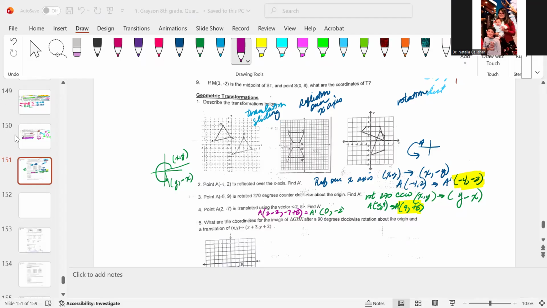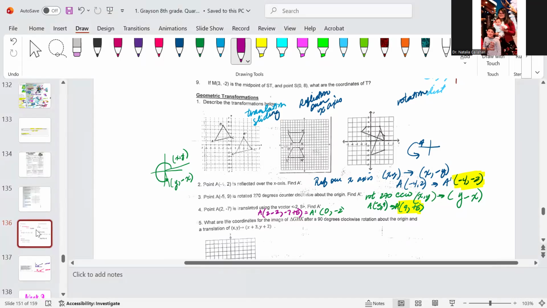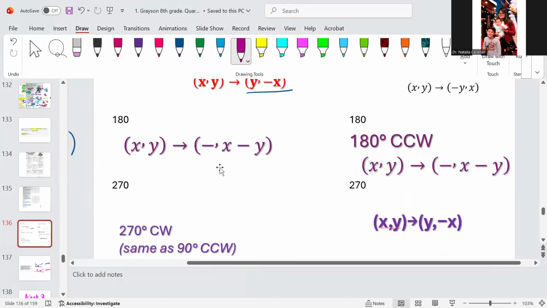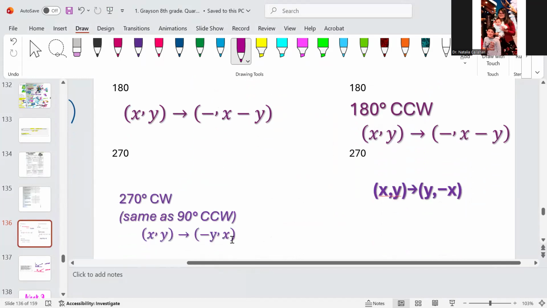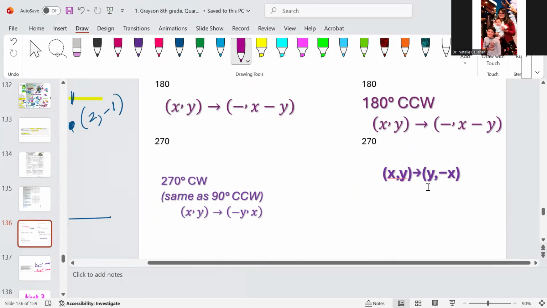If you need help, X because counterclockwise, I thought it was y negative x. Clockwise for 270 is negative y, x, correct? Yes. Counterclockwise is y negative x. Yeah, so I got negative 5. But it said negative. It's y negative x, correct?